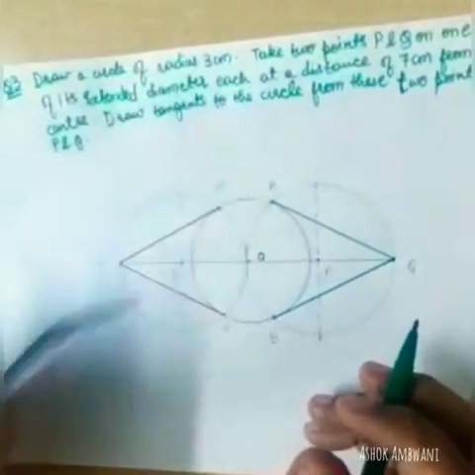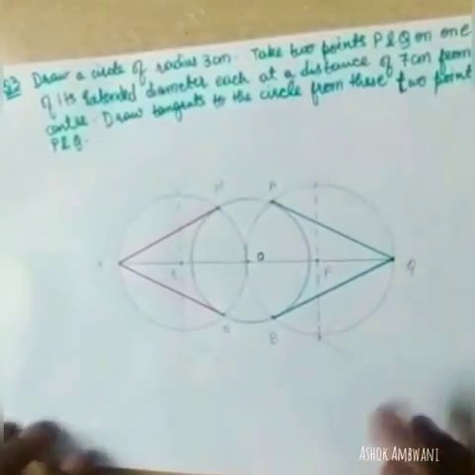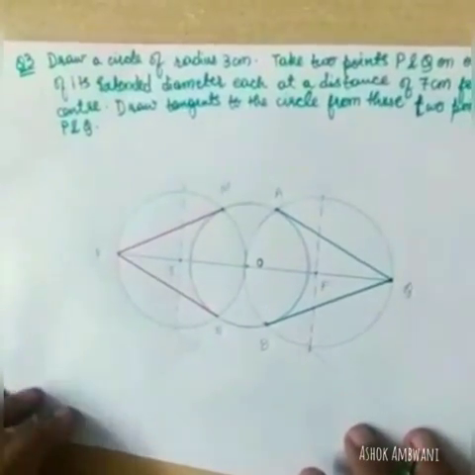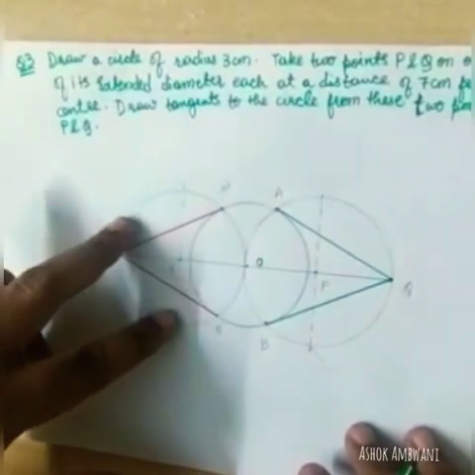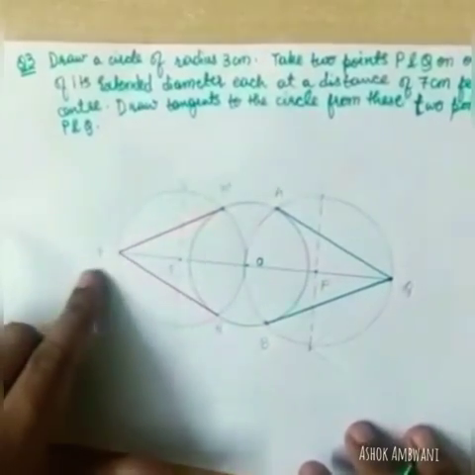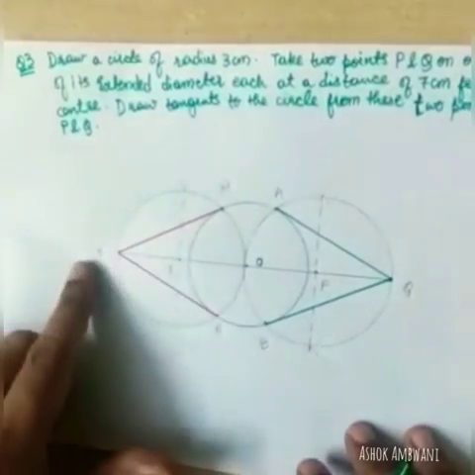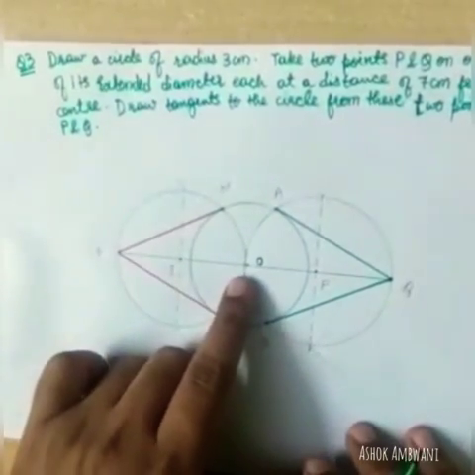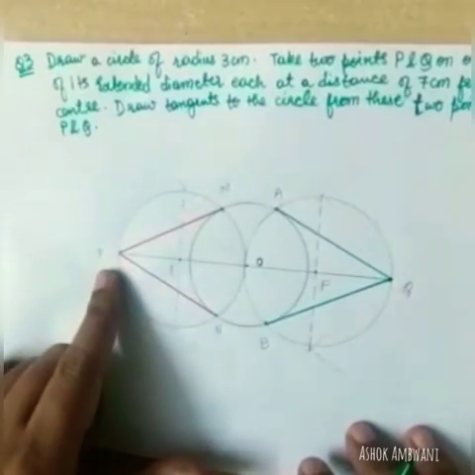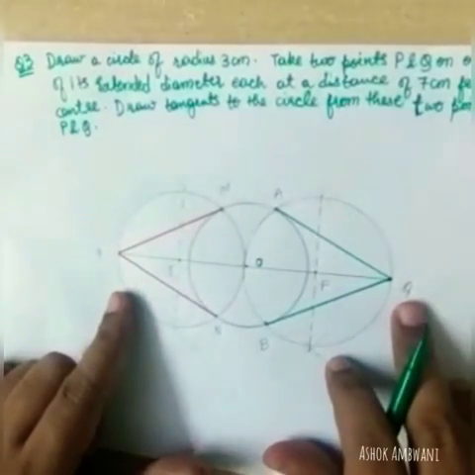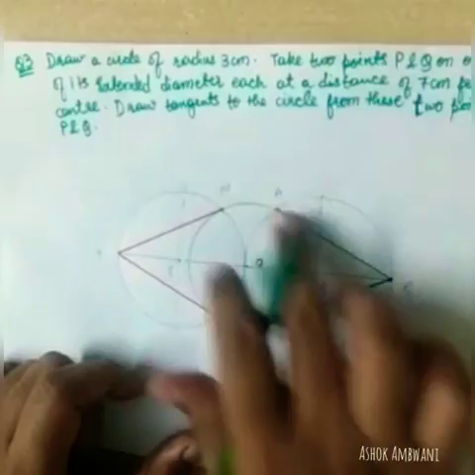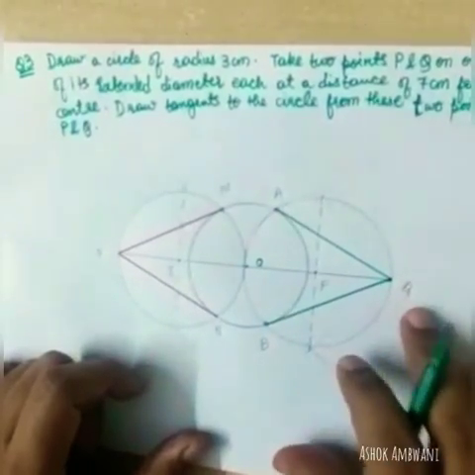Okay, so in this way I have drawn two tangents to the circle from point P, which is an external point on one of its extended diameter, of the circle of radius 3 cm, and the other is at the point Q. So I have drawn two tangents from this external point also.